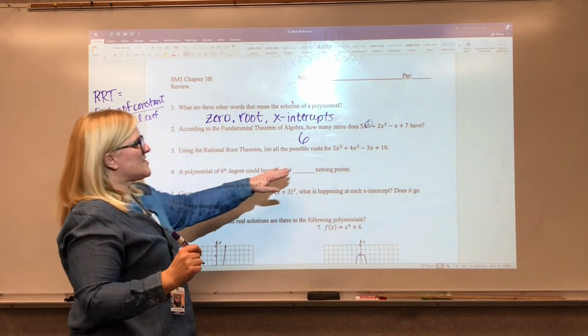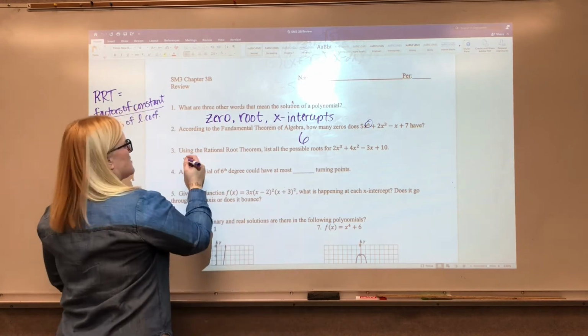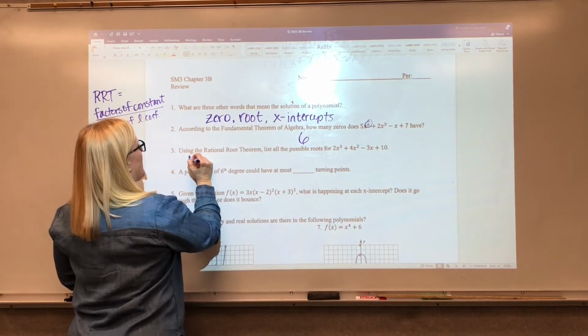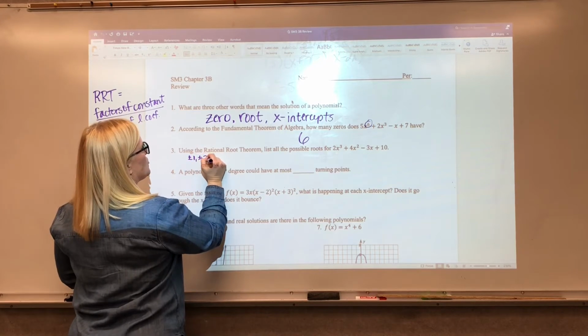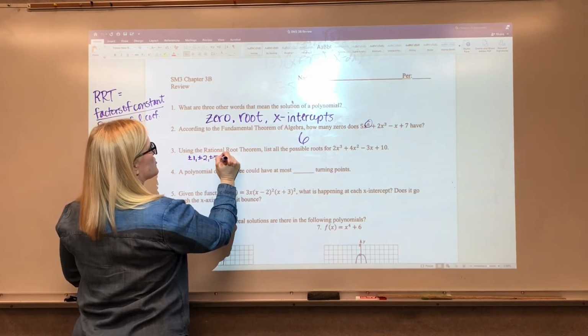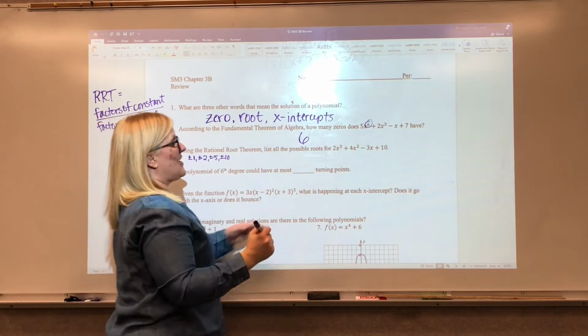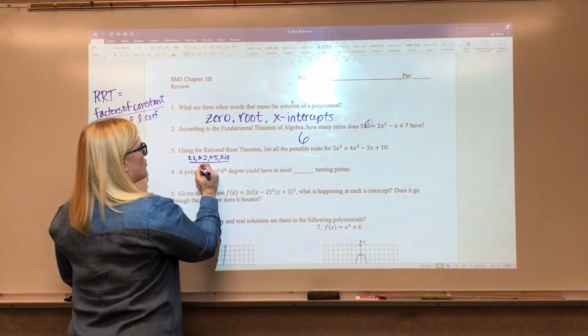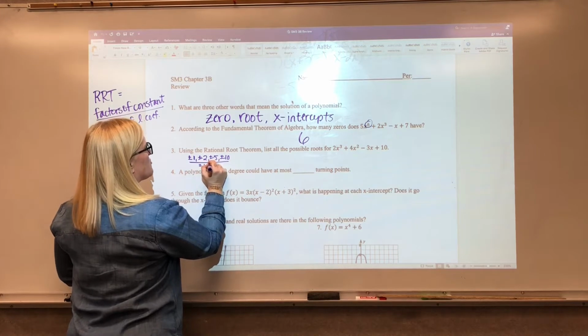Okay, so in this case, I've got the factors of 10, plus or minus 1, plus or minus 2, plus or minus 5, and plus or minus 10. Okay, and then I've got the factors of 2, which are plus or minus 1 and plus or minus 2.